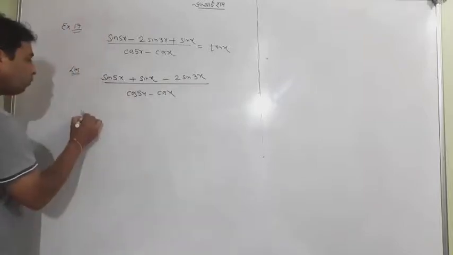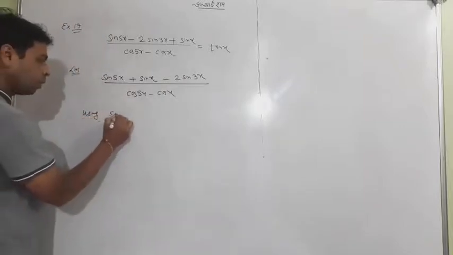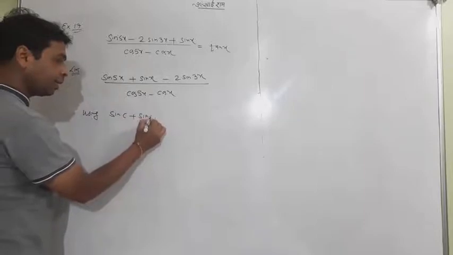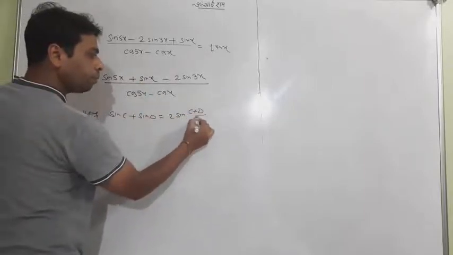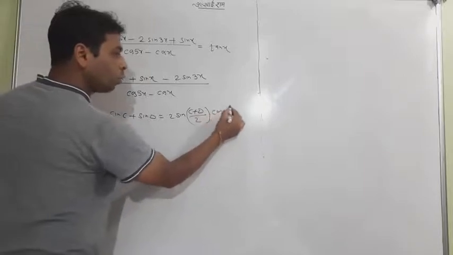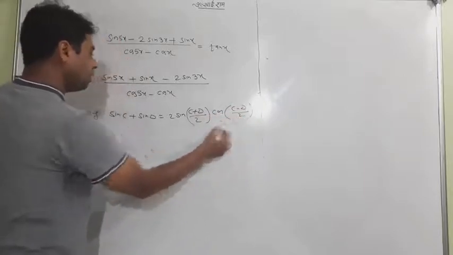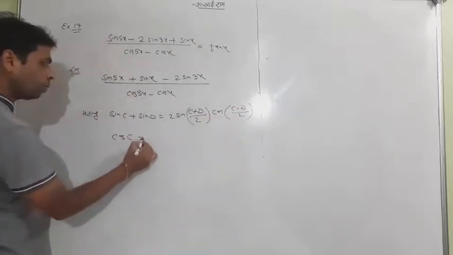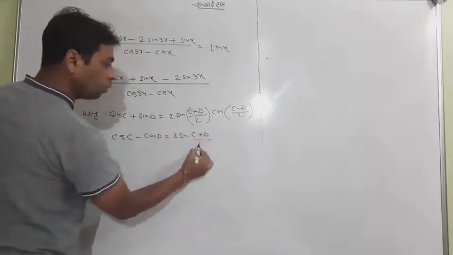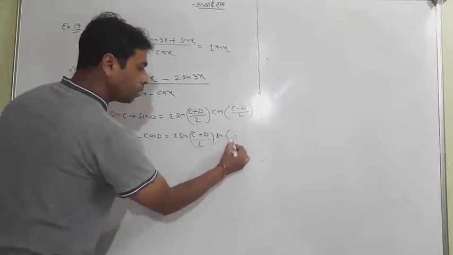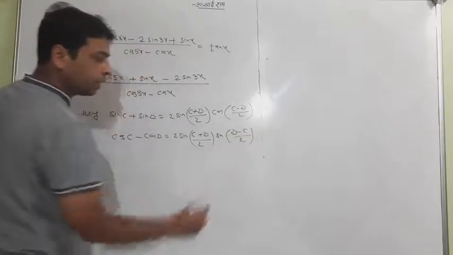Using the formulas, sin c plus sin d is 2 sin of c plus d by 2 cos of c minus d by 2, and cos c minus cos d is 2 sin of c plus d by 2 sin of d minus c by 2. It is a strange formula, remember this idea.